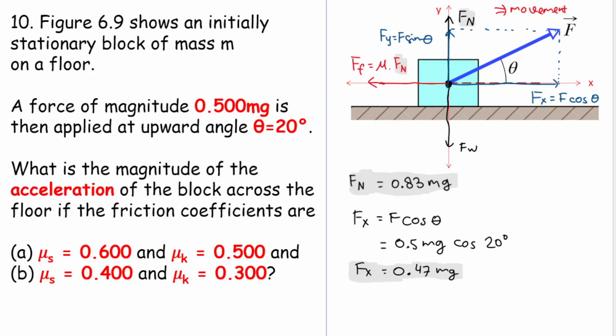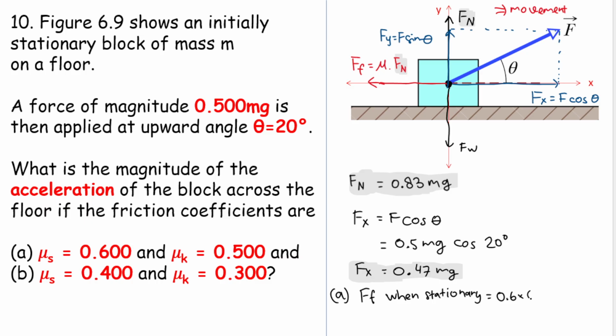And that is also an important value here. Let's see for question A. We need to calculate the frictional force, but we have two cases here, right? When it is not moving, or stationary, and when it is moving, where we use this mu k here. So Ff when stationary is 0.6 times Fn.